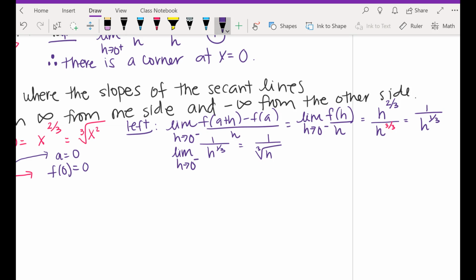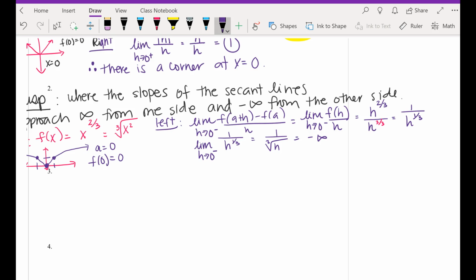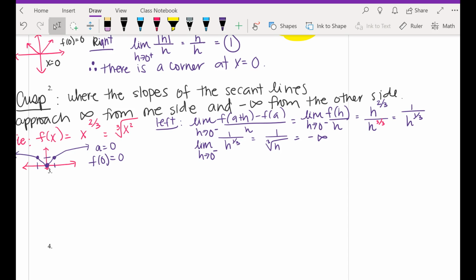Is it still negative or positive? It's still negative. Small number. 1 divided by a small negative number is a big negative number, isn't it? So would you agree that this is negative infinity? Okay. So this right here is negative infinity. Based on my definition, the right-hand derivative should be what? Positive infinity. Let's see if it's true.